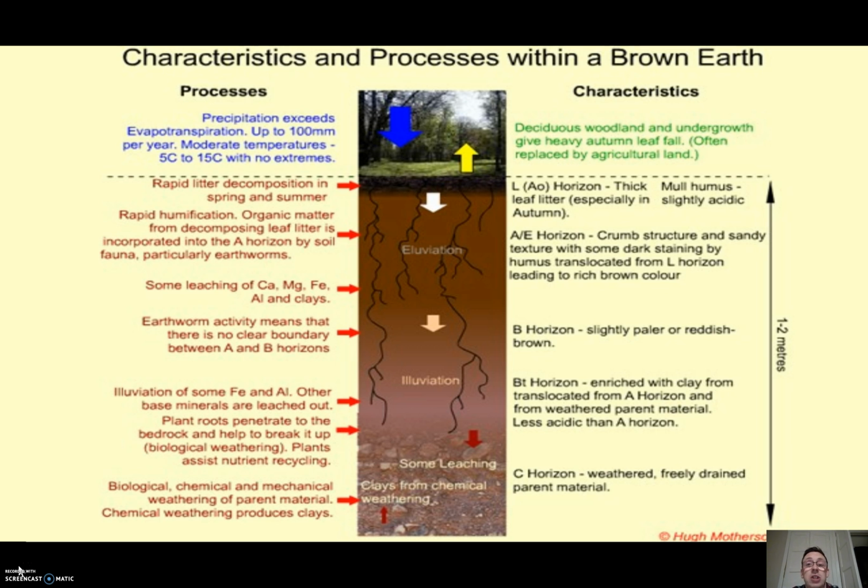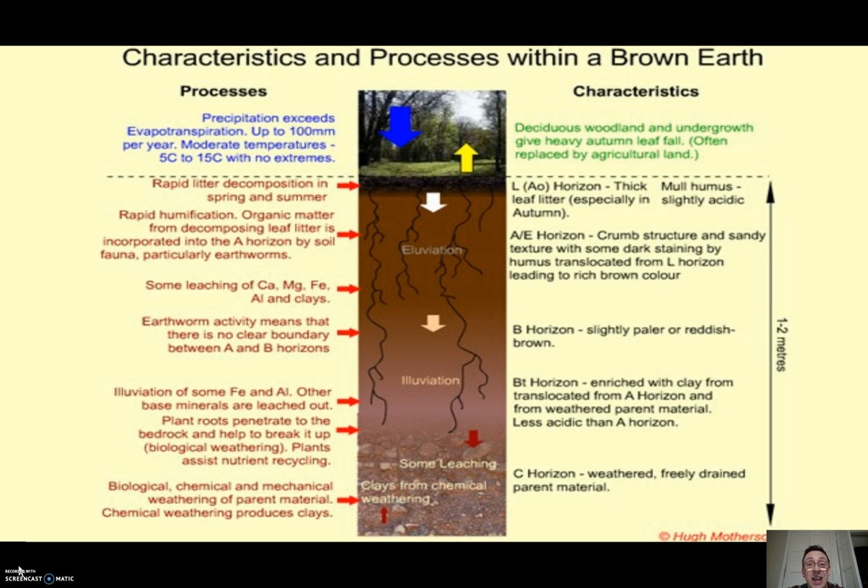And as it mentions in the slide here, this is often replaced with agricultural land, primarily because brown earth soils make very, very fertile soils. So, given that we've got these areas where we've got a fair amount of precipitation, some fairly moderate temperatures and a lot of deciduous tree cover, what does that mean for our soil? So first, our leaf litter.